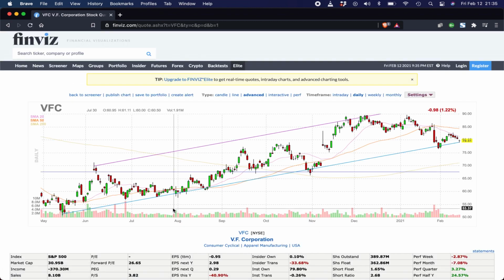So in this case, it looks like the stock has been trending high. When I say it's been trending high, you can see the higher highs and the higher lows, and then all the highs are being connected to get the trend line resistance, and all the lows are being connected to get the trend line support. So this scan is identifying stocks that are nearing the trend line support.